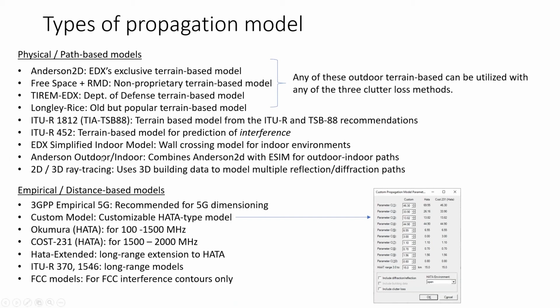And then there are some specialty ones here. The EDX simplified indoor model is a wall crossing model specifically for indoor environments, but it's still a physical, path-based model. And then our Anderson outdoor to indoor model is unique in that it uses our outdoor Anderson 2D model for any outdoor portion of the path, and then the simplified indoor model, the wall crossing model, for any portion of the path that's indoors.